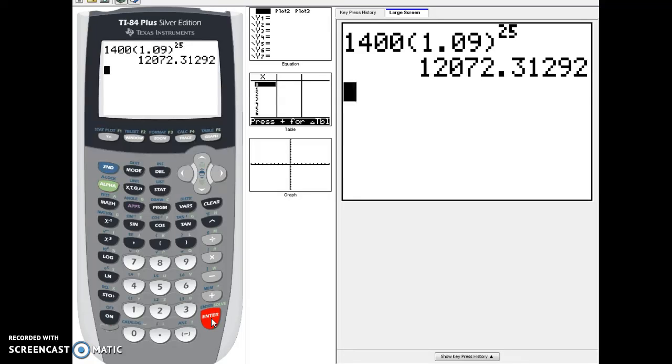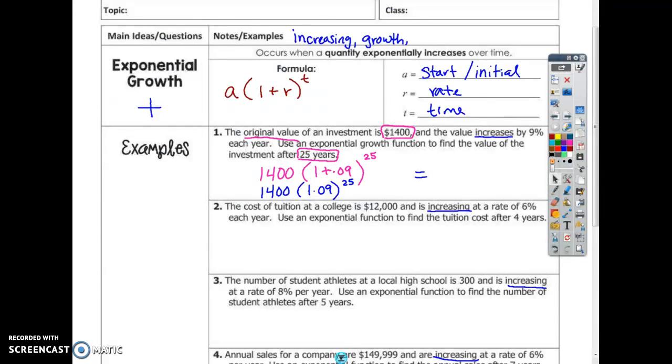Okay? Now we're talking about an investment. We're talking about money. So is this good money? Or do we need to round somewhere? We need to round because money has cents, right? So it can only go to 0.31. So if you want to just say 0.30 or 0.31, that's fine with me. You don't need all the rest of those numbers. So go ahead and write that down on the paper.